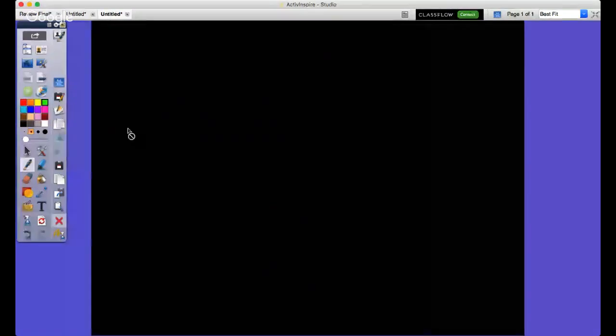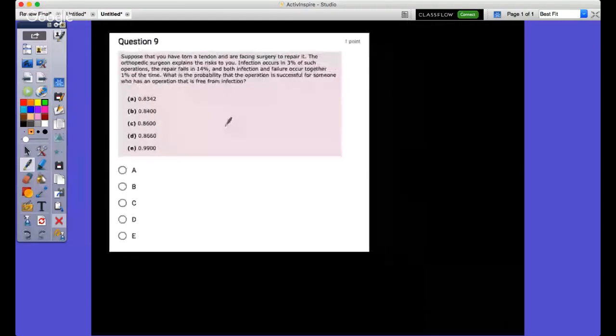All right, we're going to go to number 9. This is on cumulative test 2. Suppose that you have a torn tendon and are facing surgery to repair. The orthopedic surgeon explains the risk to you. Infection occurs in 3%, and the repair fails in 14%. Both infection and failure occur together 1% of the time.